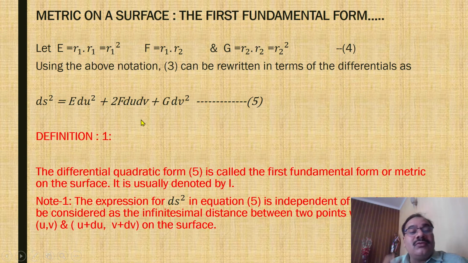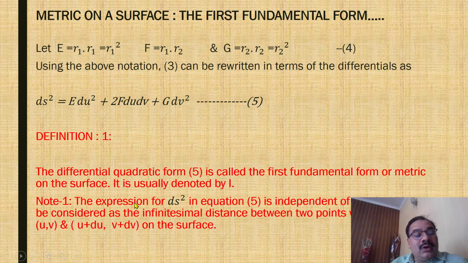So this is a very unique name, and you learn how to find the metric on a surface. That metric is always ds². It is called the first fundamental form, and you may denote this expression as I.